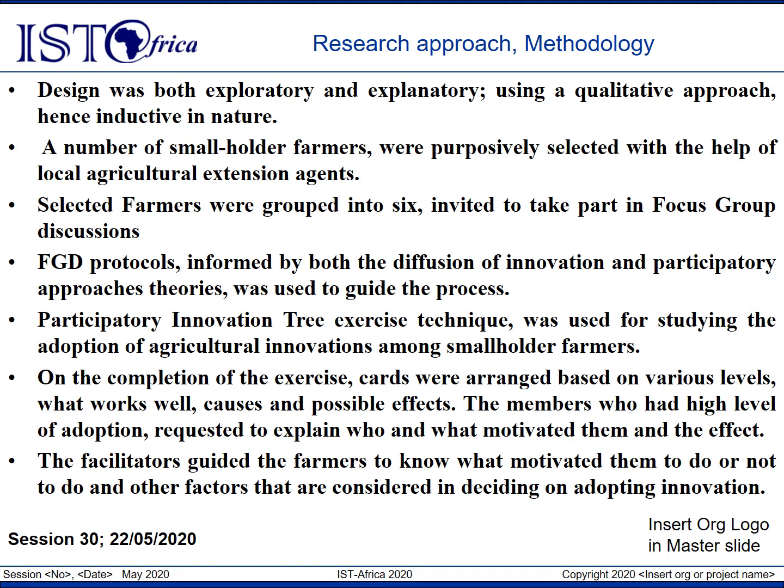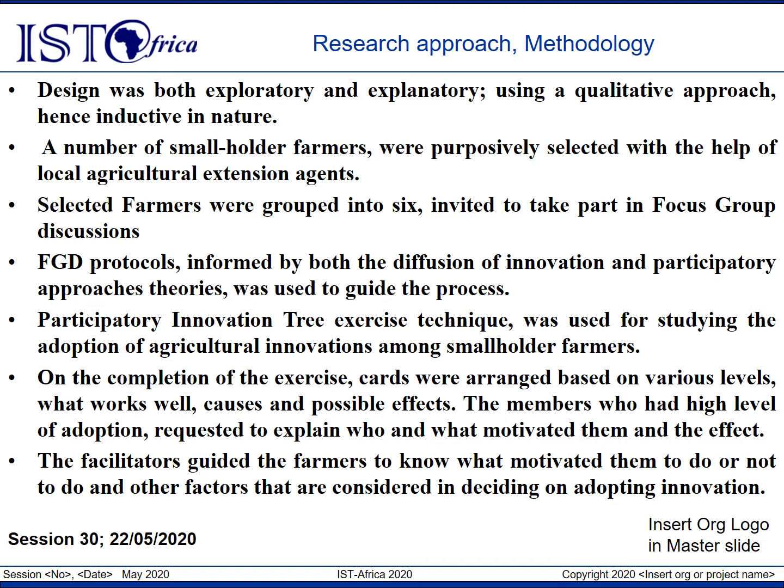Participatory innovation tree exercise technique was used for studying the adoption of agricultural innovation among smallholder farmers. On the completion of the exercise, cards were arranged based on various levels: what worked well, causes and possible effects.